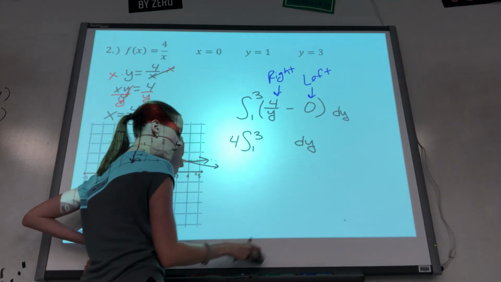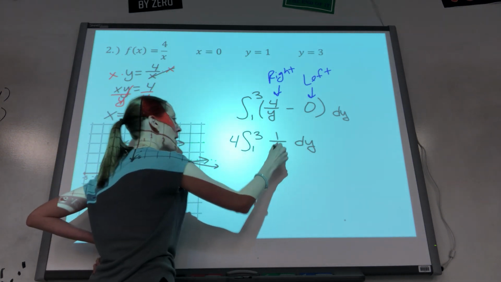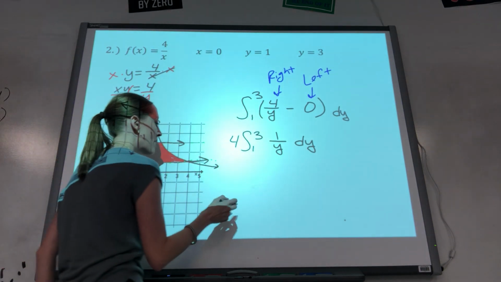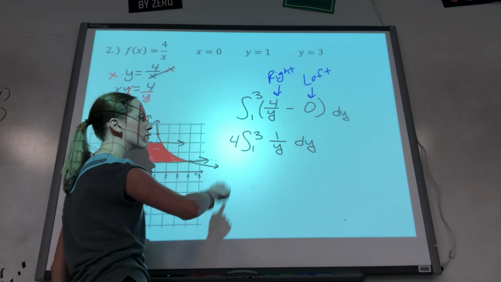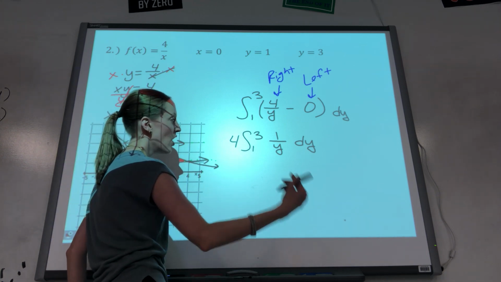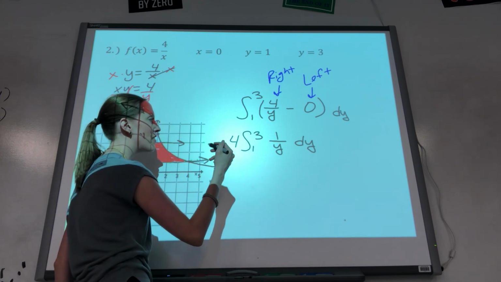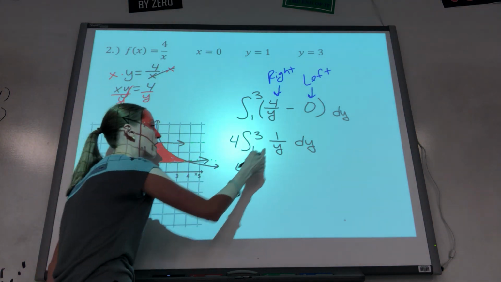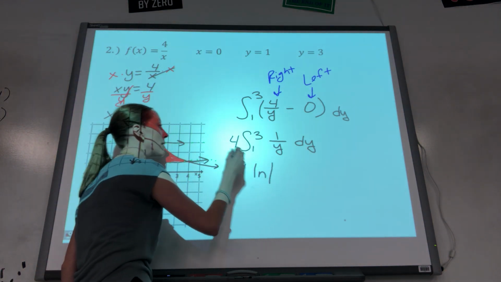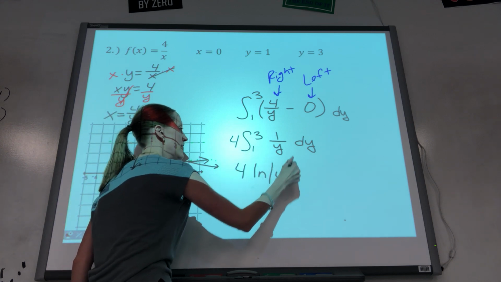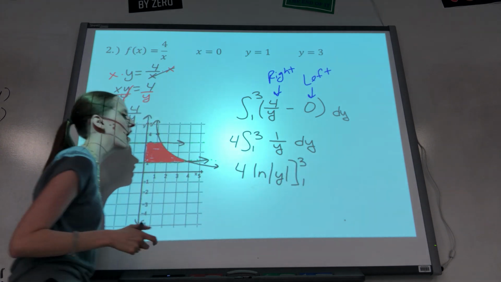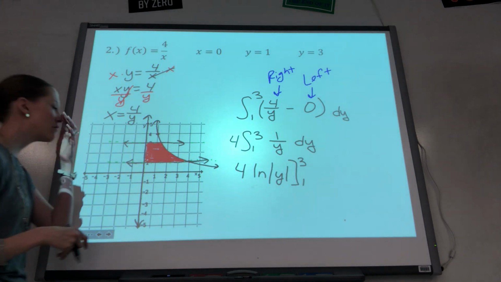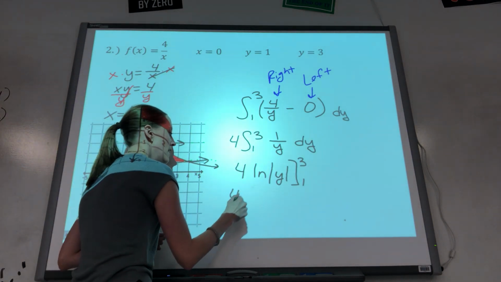And as I told you a little while back, anytime that happens, go for the natural log function. Remember, the integral of 1 over x dx was natural log of the absolute value of x. I keep that 4 out front, so this is going to be 4 times the natural log of the absolute value of y, and we take it from 1 to 3.